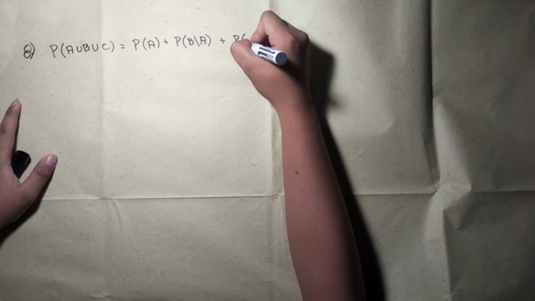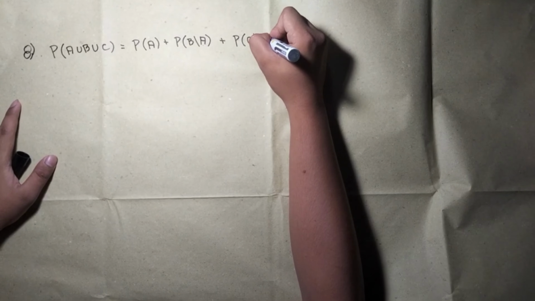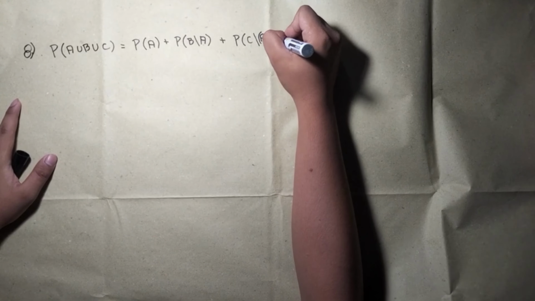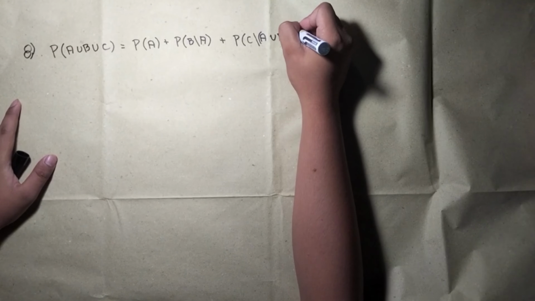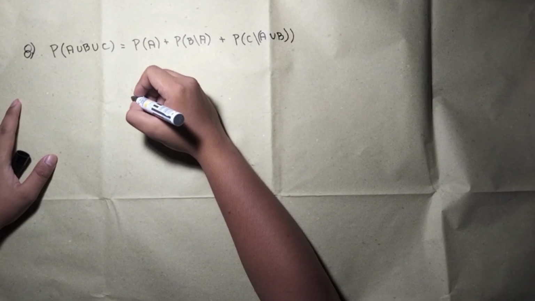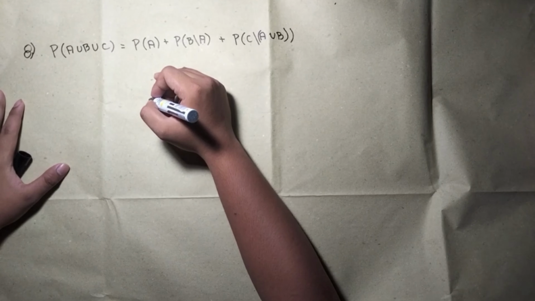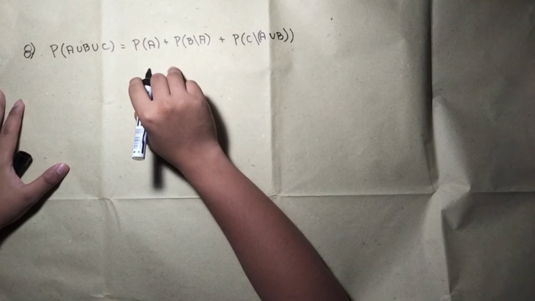For example, let event A, student studies math, be equal to 40%, and event B, student studies physics, which is 30%, of which 10% overlap with math.